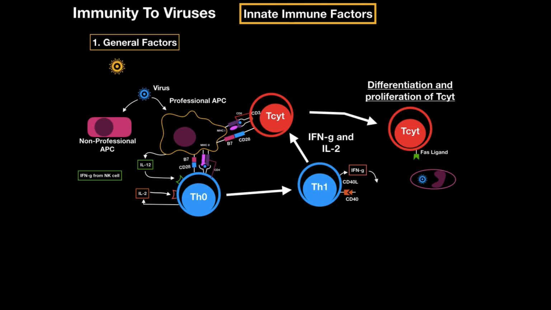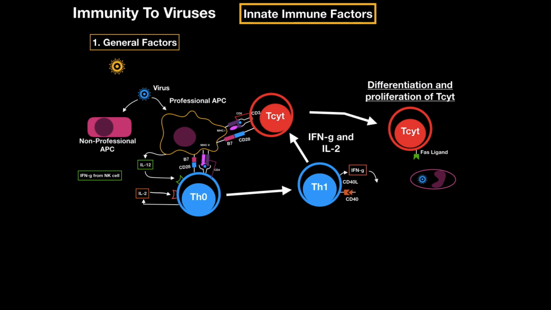And if the host cell doesn't have those receptors, the virus can't infect it. That is what we call tropism. We've got neurotropic viruses, we've got enterotropic viruses. So all of those are very specific to what kind of cells they target. So this factor is an example of general factors we have for the innate immune response against viruses.